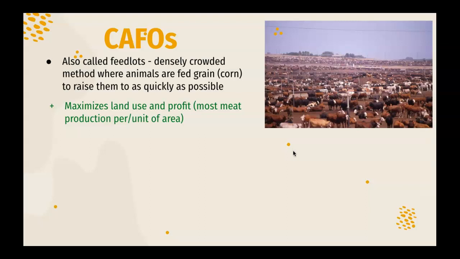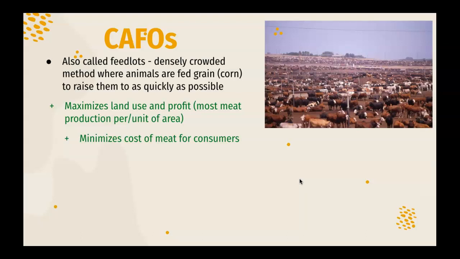Instead of putting the cows out to pasture and letting them roam all around and then having to corral them back up, it's a really efficient use of land. And then we're going to get the most meat basically per unit area if we put them in these feedlot operations. It also means that we can produce meat at a cheaper price for the consumer.